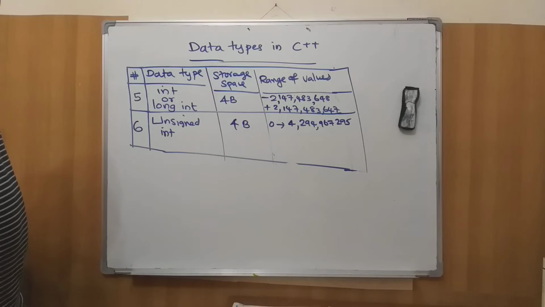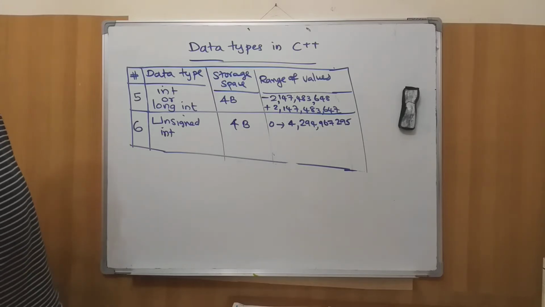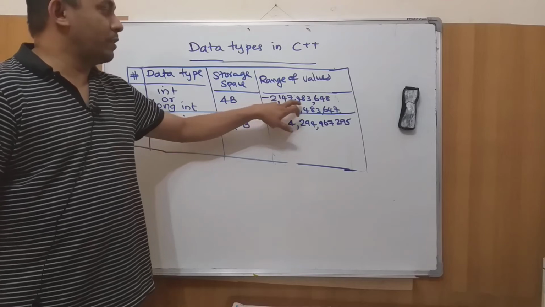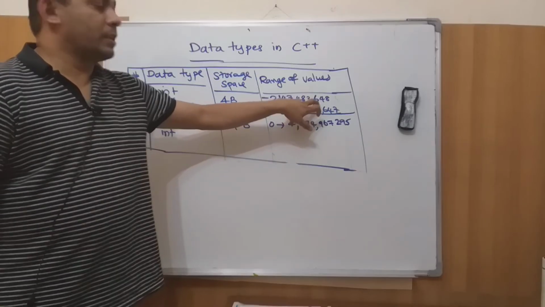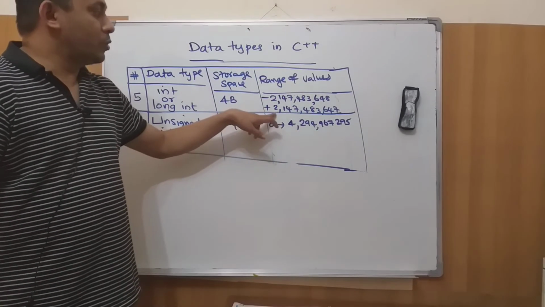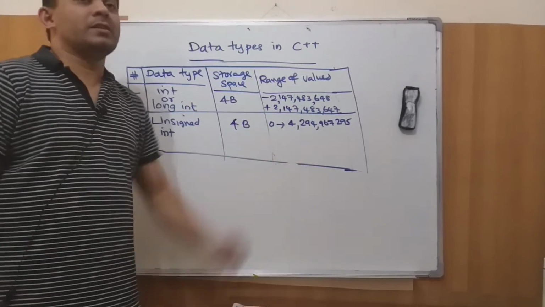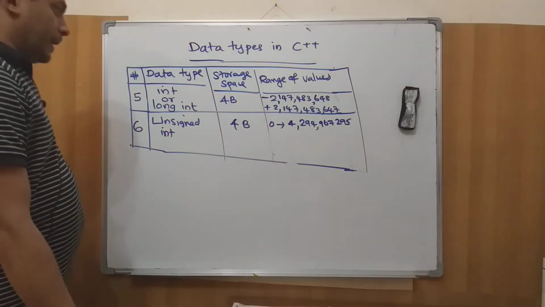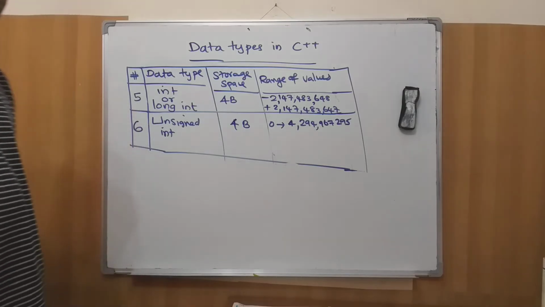Using this, we can represent numbers from -2147483648 until 2147483647. That means a huge number can be represented using this data type, and again this belongs to the signed category.